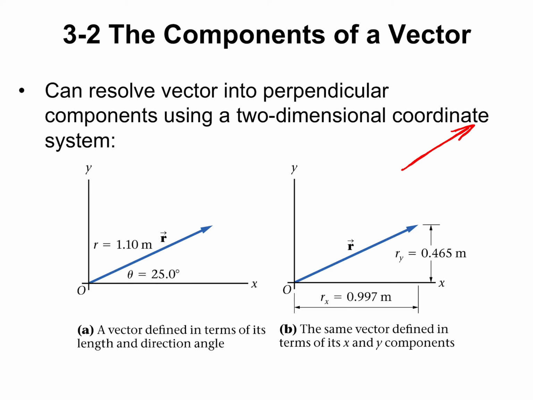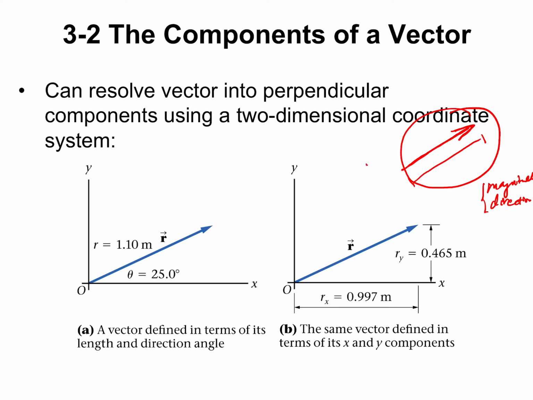The length of this arrow tells you the magnitude of the vector, and the direction tells you the direction of the vector. So this guy comes with two things, magnitude and direction. Physics uses an arrow to tell you a vector.